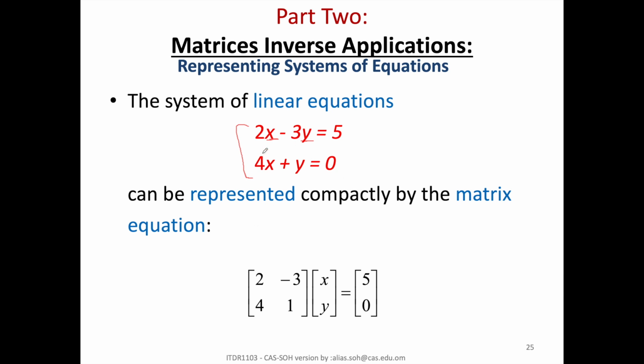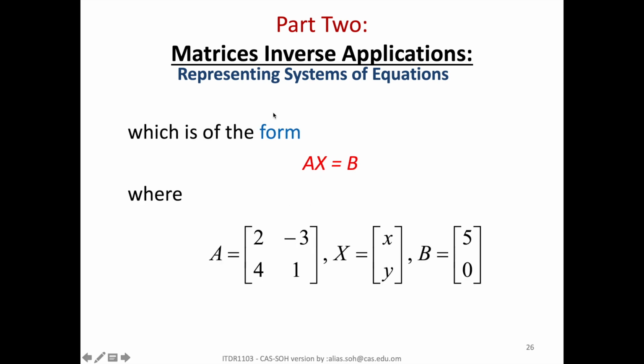This linear equation can be represented completely by a matrix equation. Here we have the coefficient matrix, which is the numbers beside the variables. We put it in a matrix of 2 by 2. Then we have the variables, x and y, and here we have the results, which are 5 and 0.